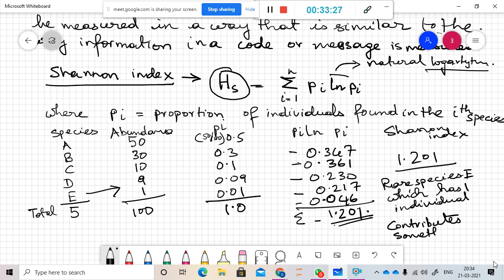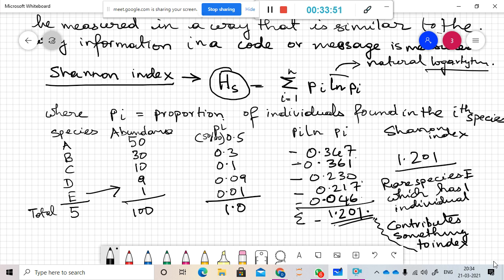You see the value is quite high compared to this. Even 1 is giving something. In the previous diversity indices, rare species were not represented.